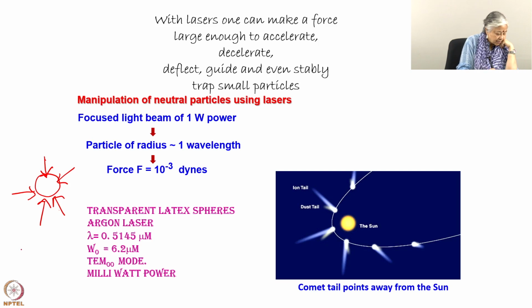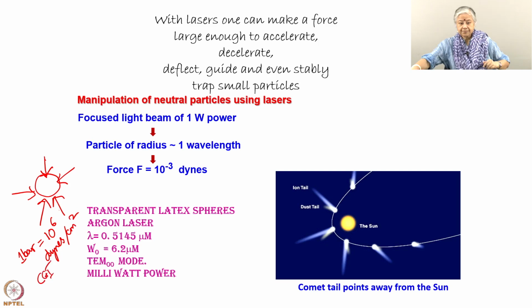So, dynes in megabars: 1 bar is equal to 10 to the power 6 dynes per centimeter square in CGS units. These are just units, you can change from one to the other, you can put it in pascals if you like, give that conversion.